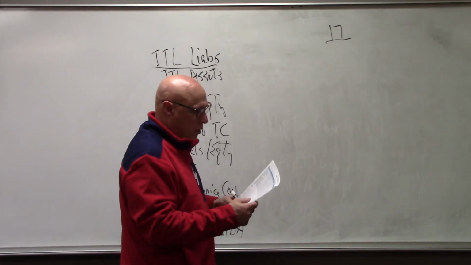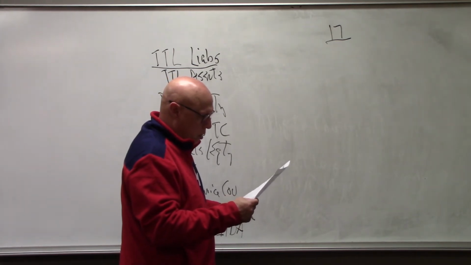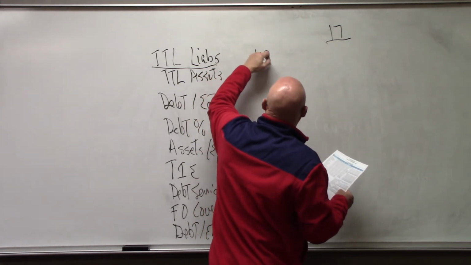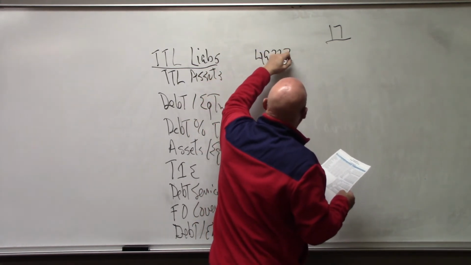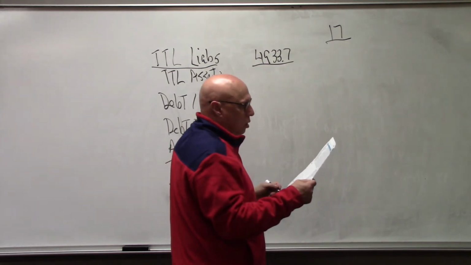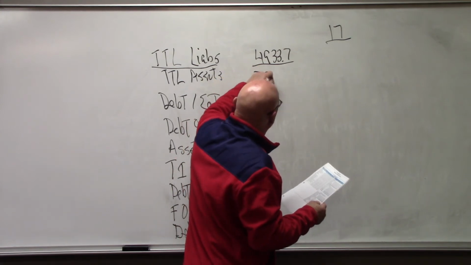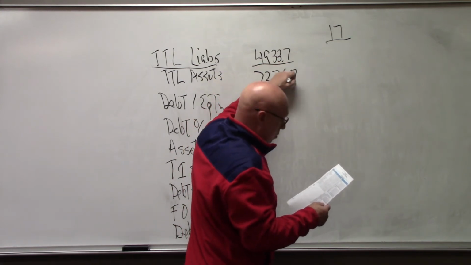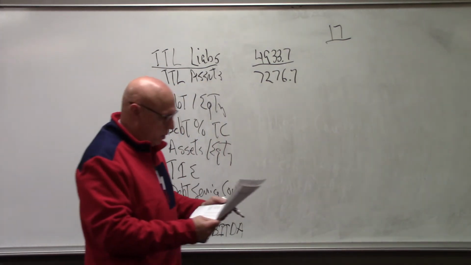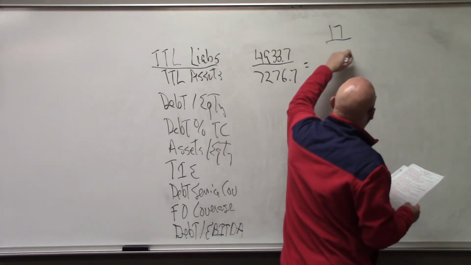So total liabilities in 2017 are 4933.7 divided by total assets, which would be 7276.7. Okay? You need your calculators handy, and I get 0.678.